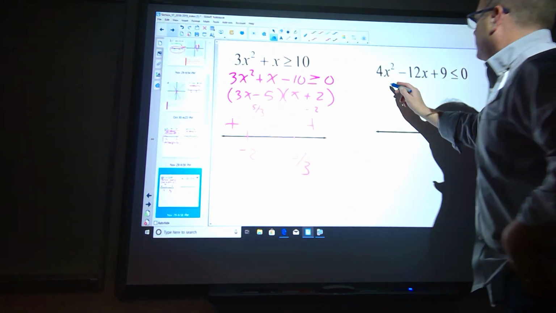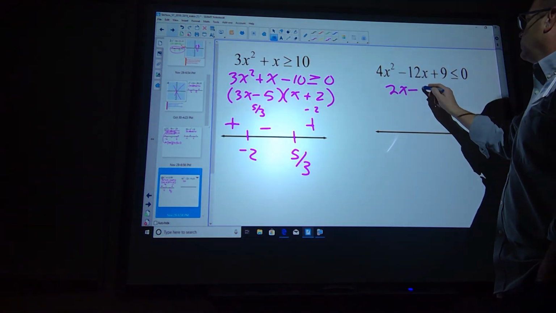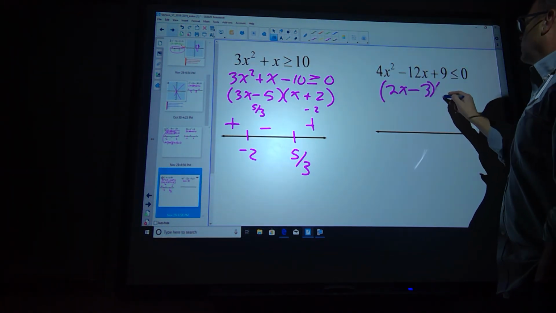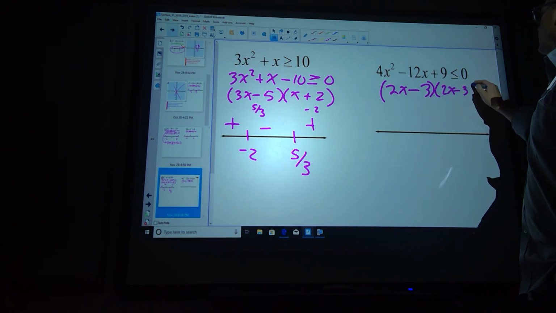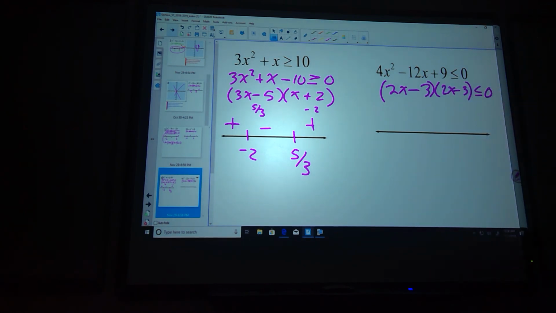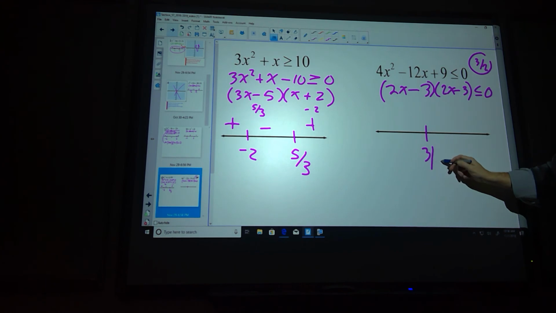Anyone recognize this as a perfect square? Is that okay? Now eyes up here. This is much different. This is going to give me 3/2 for an answer. There's only one answer. Agree? Sure. Okay. Does this parabola open up or down?